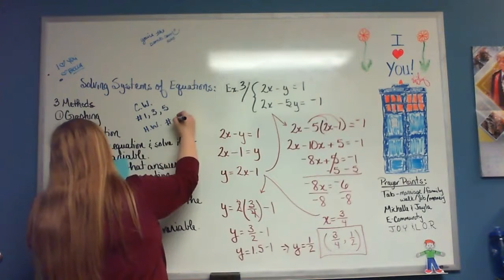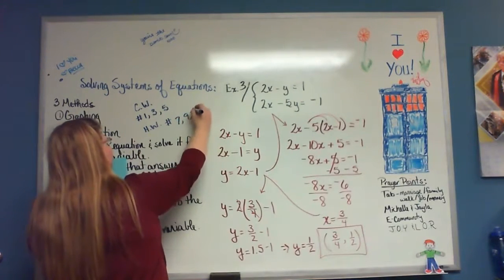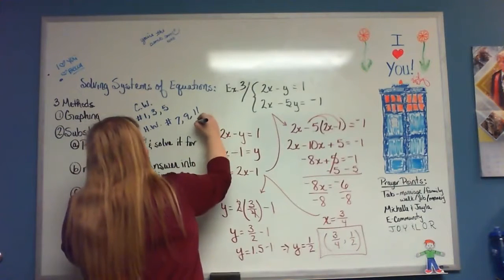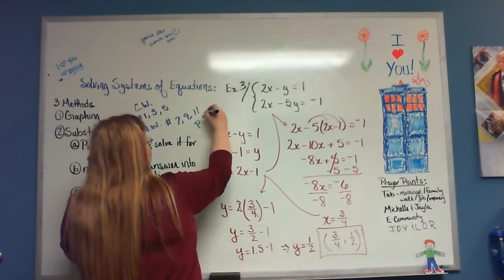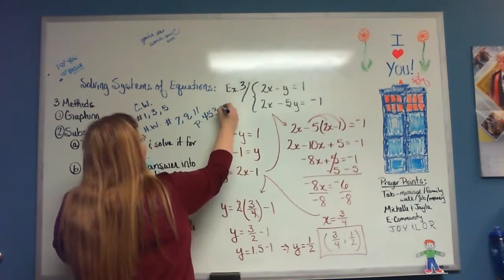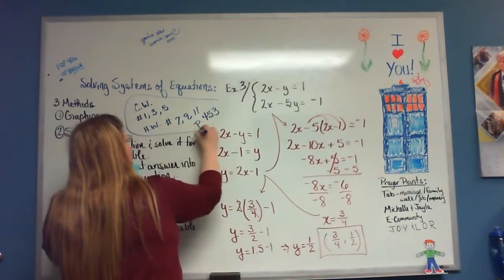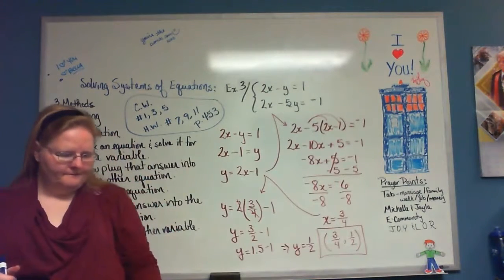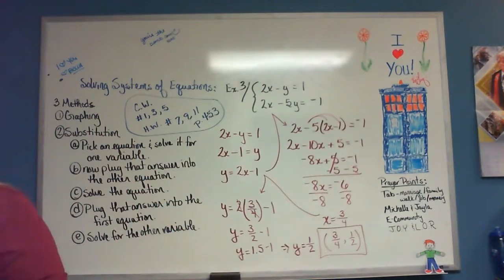Homework: numbers 7, 9, and 11. And they are on page 453. And the next time you see me, we'll go over the last way to do them.